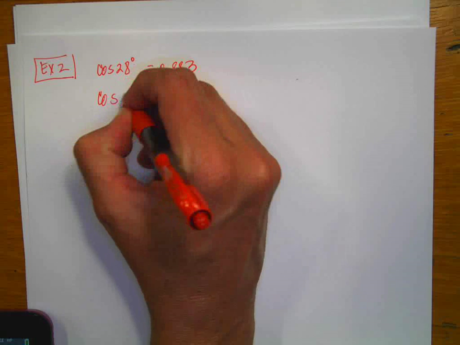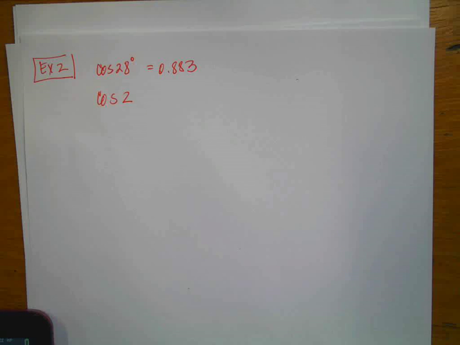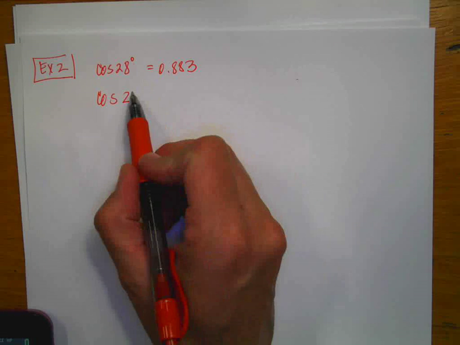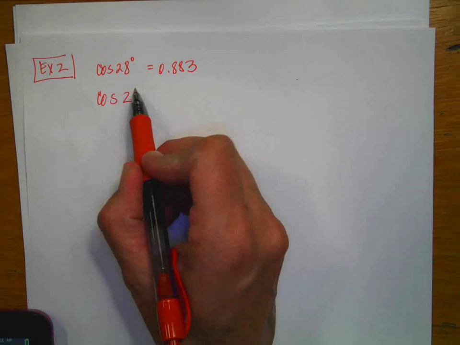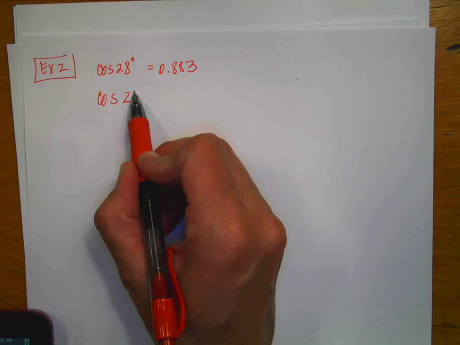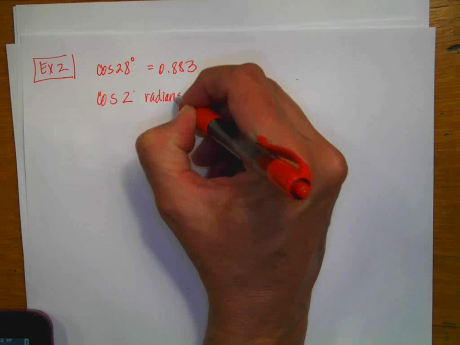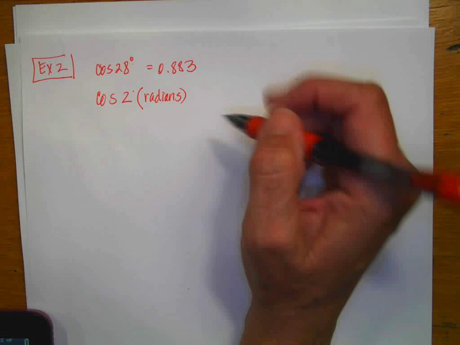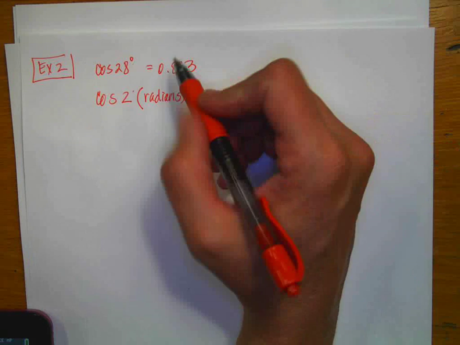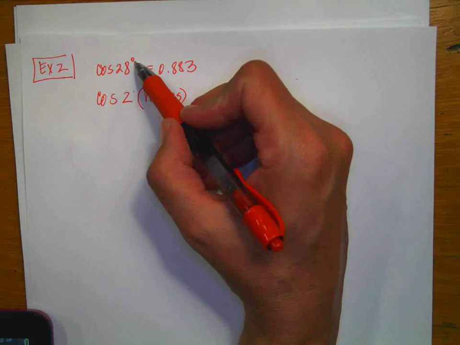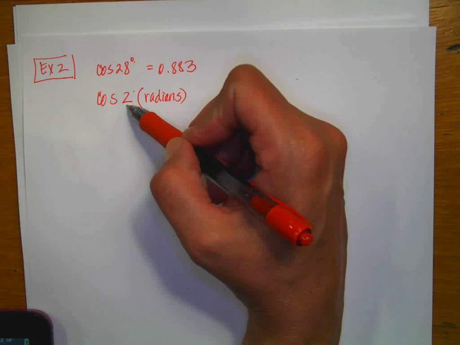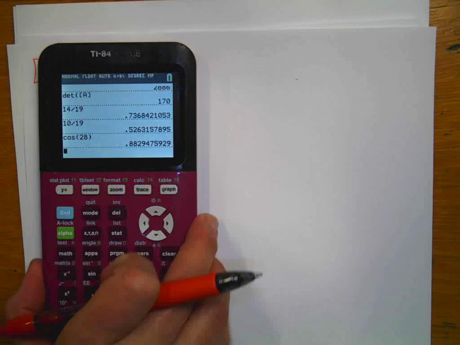On the other hand, if you see something like this, the cosine of 2, notice that there is no degree symbol. That means then that this is radians. We typically don't write the word radians, but the assumption is if there is no degree symbol, that means that the angle is in radians.